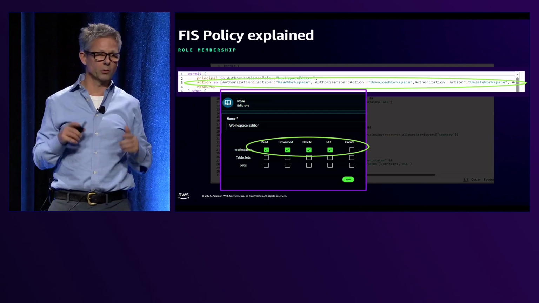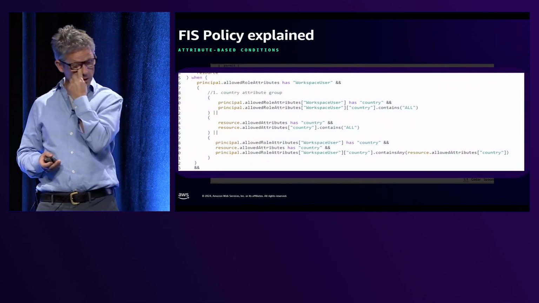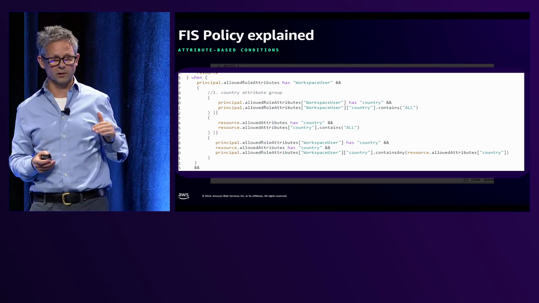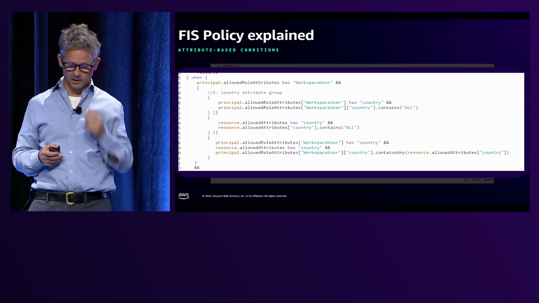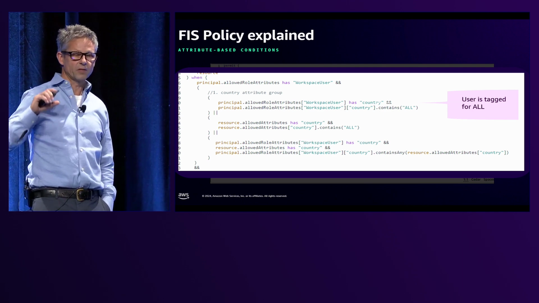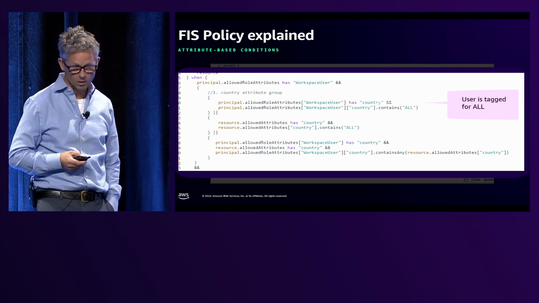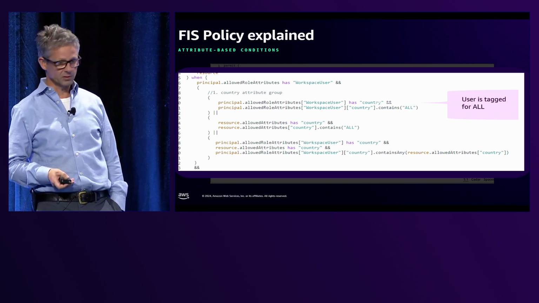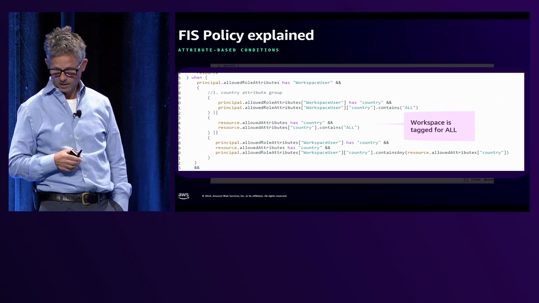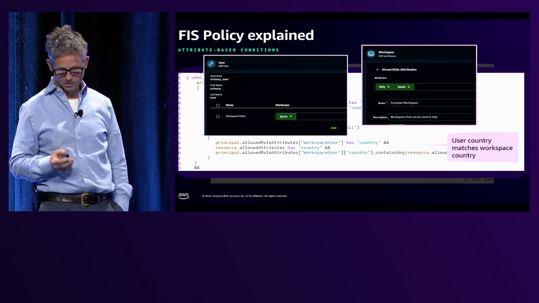But then there's also the question of the intersection of the attributes. At the base of the policy, you can see a set of attribute-based conditions. If we go through them, we can see that if the user is tagged as all for countries, then that's okay, the condition is met. Or if the workspace is tagged as all, again, the condition is met.